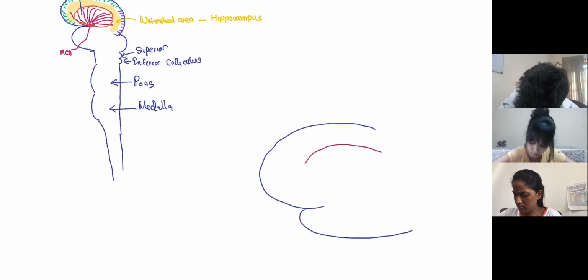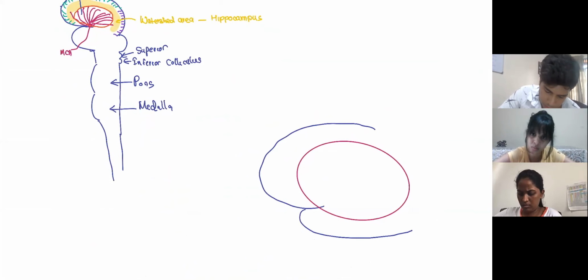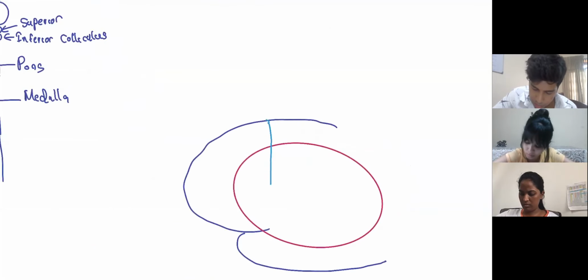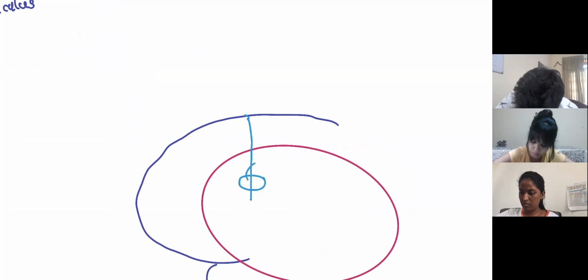So this is the region which is supplied by the MCA, okay? Here is the primary motor sulcus, and we have our homunculus here.